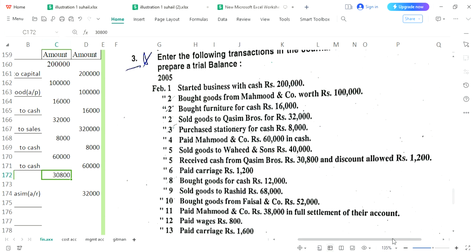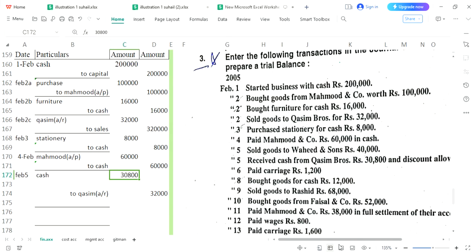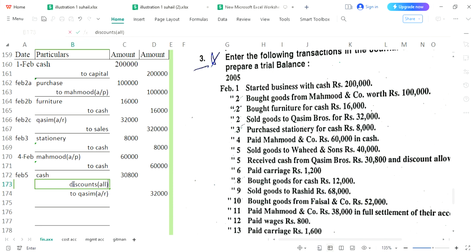If we allow a discount, it is unfavorable for you. It is an expense, and expenses should be mentioned on the debit side. So all discounts which are allowed are considered an expense and should be written on the debit side. Let's align it to the debit side because the previous entry was not similar to this.